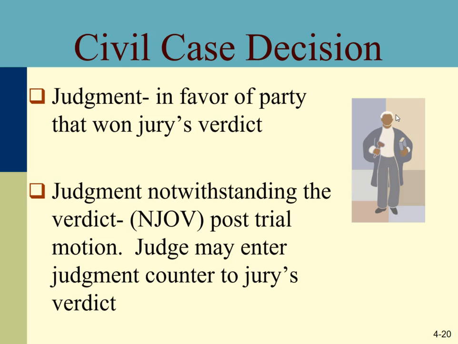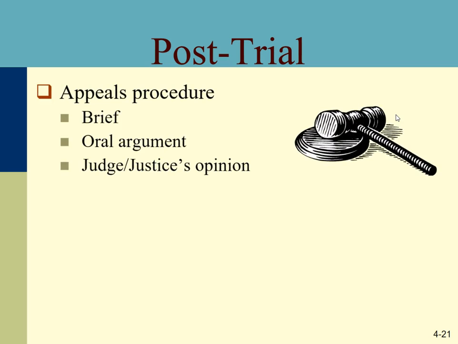It's called JNOV, which would essentially counteract the jury's verdict. Again, not done very often, but at times a judge looks at it and says the jury was completely off base and will end up giving a judgment notwithstanding what the jury said.